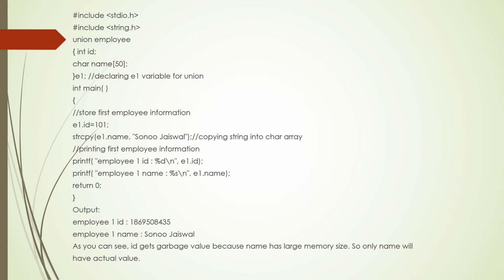As a programmer, it is important to choose between structures and unions based on your requirement, whether you need full data storage or memory optimization. So, I'm concluding that structures help us store more data, while unions help us save more memory. Choosing wisely makes your program efficient and powerful.